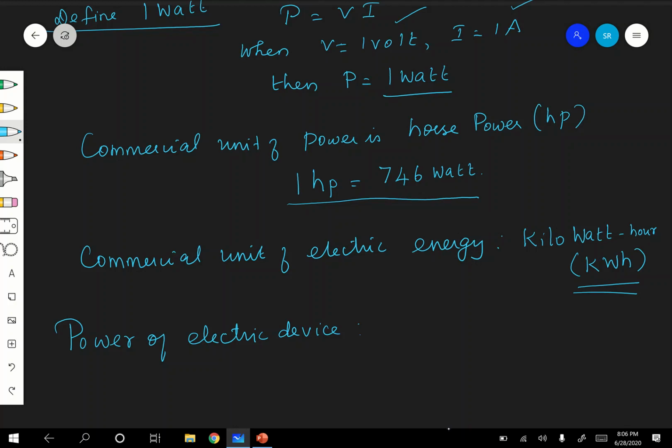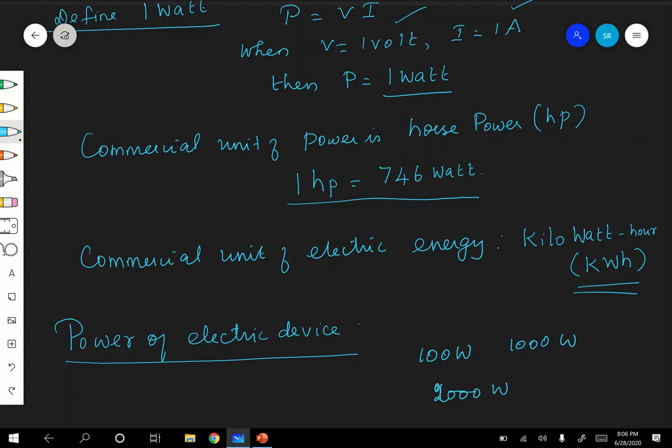But what is the power of an electric device? Every electrical device or appliance is rated with some power. For example, a 100 watt bulb, a 1000 watt bulb, a 2000 watt immersion coil.